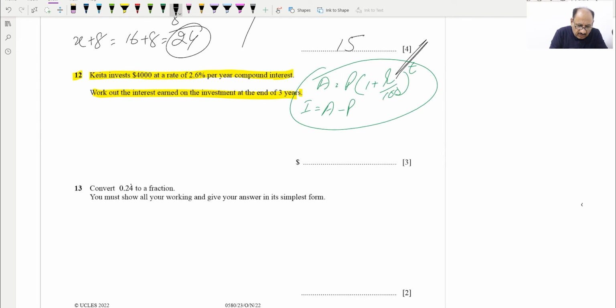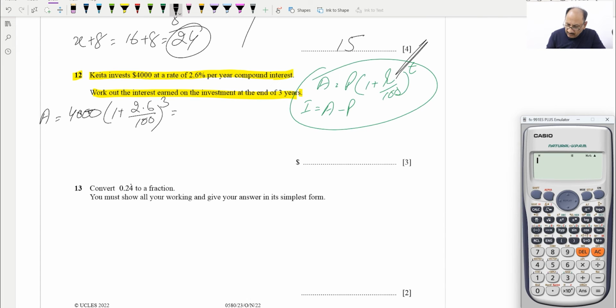For the first one, we will write amount is equal to principal amount, which is 4,000, into 1 plus rate 2.6 over 100, and duration is 3 years, so we take the power as 3.